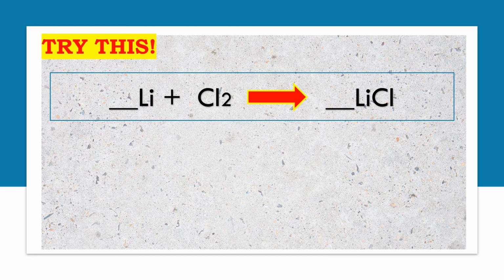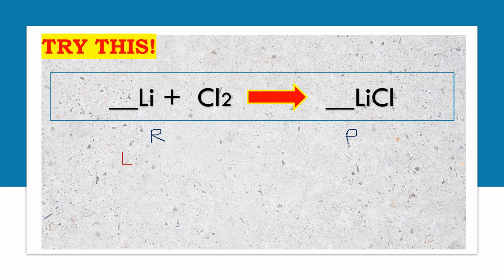Okay, another equation. Going to balance the equation using the sample. Okay, so let's identify the reactant and the product. Take note that you have to first write the element on the reactant side.